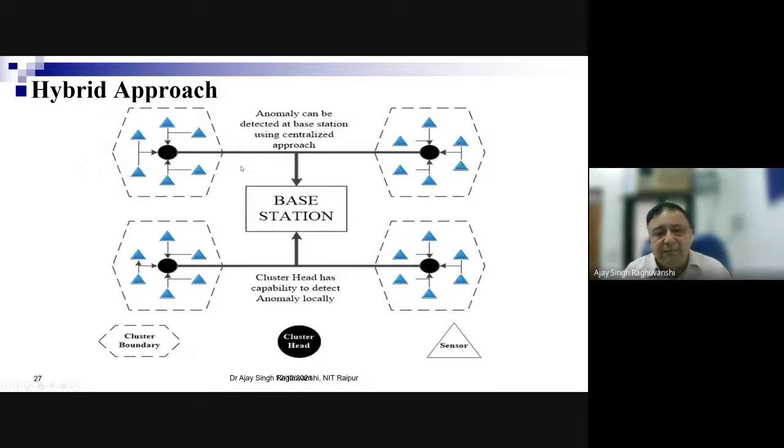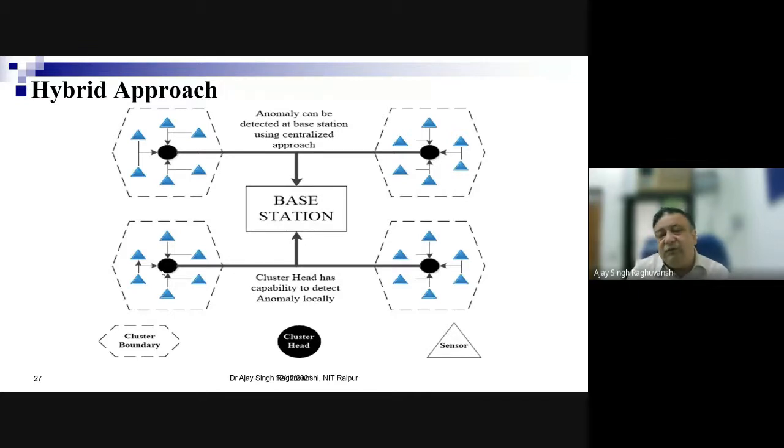Then we have hybrid approach. In hybrid approach, we use both the first and second techniques together. That means the base station still has the capability, because chances are there that even if non-anomalous data is reaching the base station, if cluster heads are not fully removing the anomalies, some anomalous data can still reach the base station.